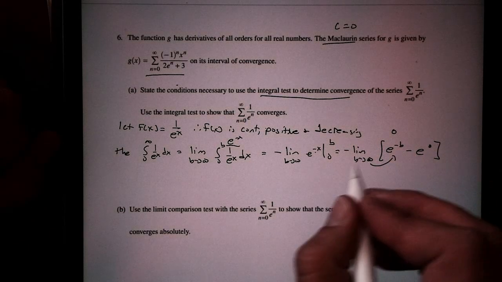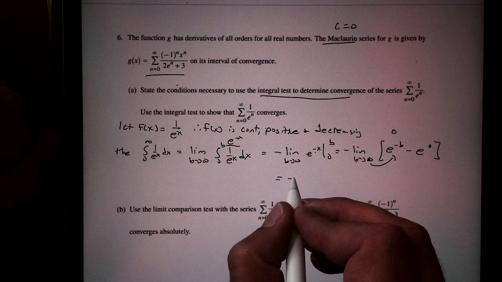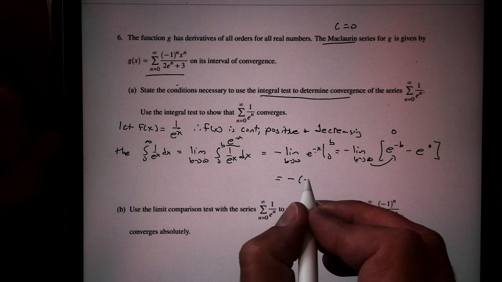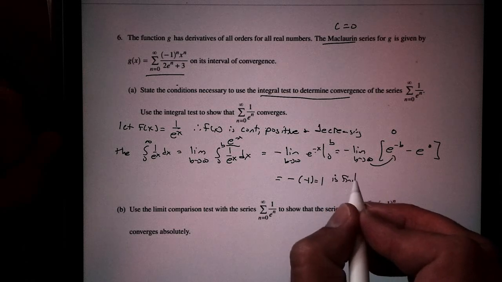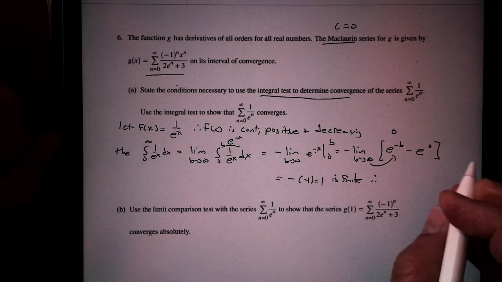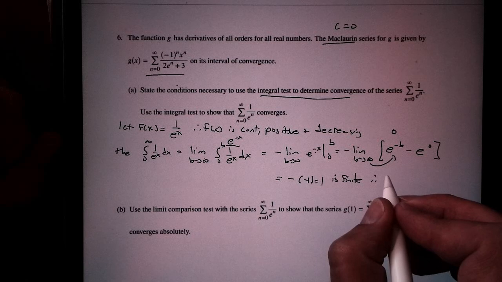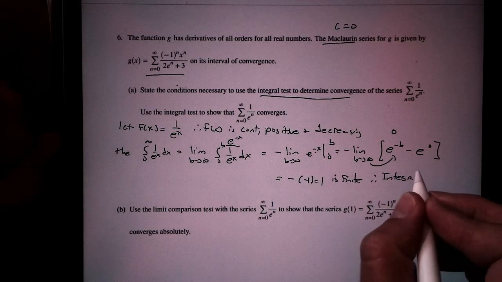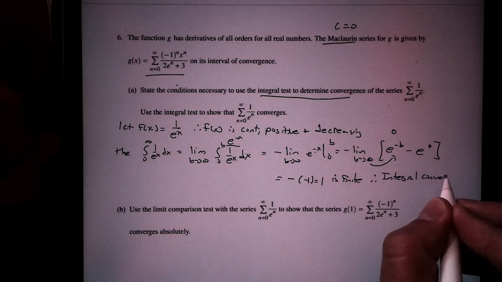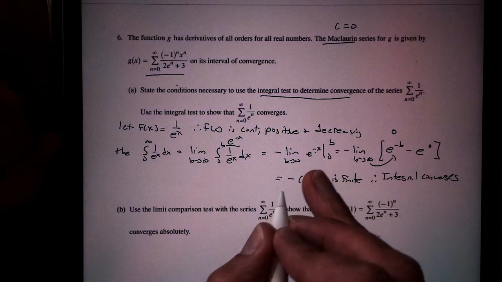So what we're left with is this negative here and this negative 1, which is 1, and this is finite. Therefore, what we can say is that the integral converges. The integral converges to 1.